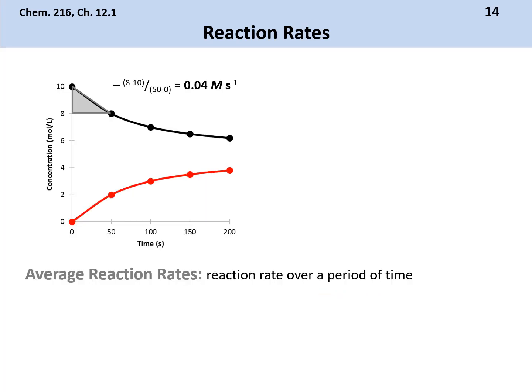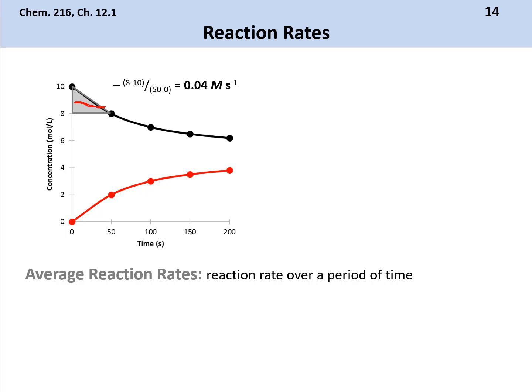Okay, so if I look at this plot, the average reaction rate is the rate over this time, from 0 to 50 seconds. We can signify this as a triangle. Remember, we dealt with this in Chem 215, but also in high school, where you can always figure out the rate or the slope of a reaction by making a triangle, where it's rise over run.